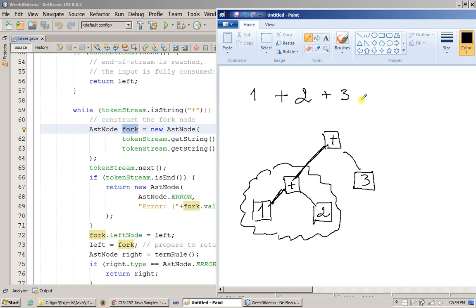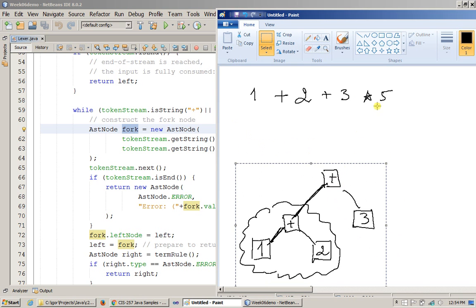If there's another, say, multiply by 5, right? There's more work to do. Then what's going to happen is that, of course, in our grammar, multiplication has higher precedence than addition, right?